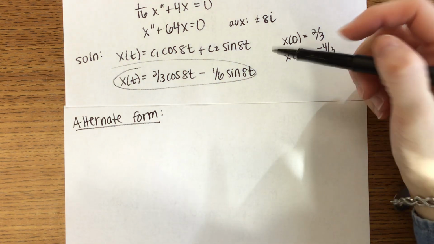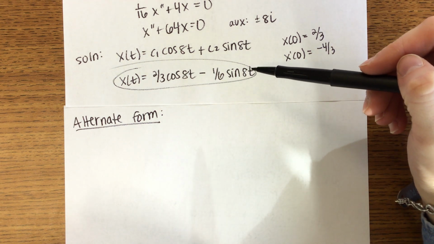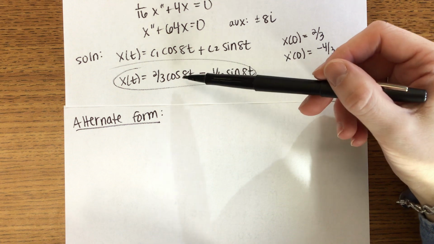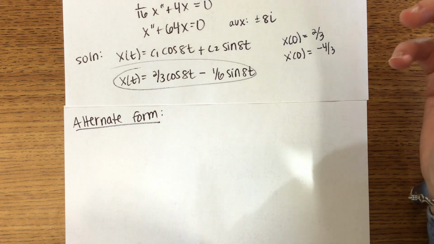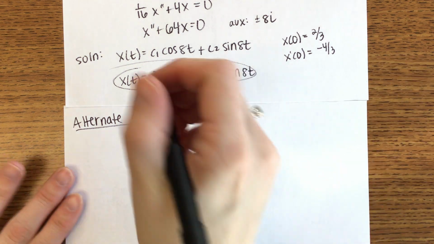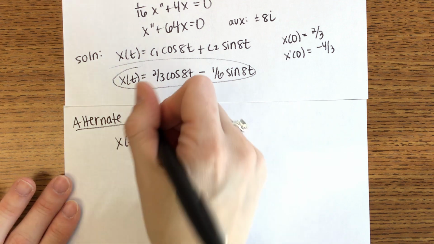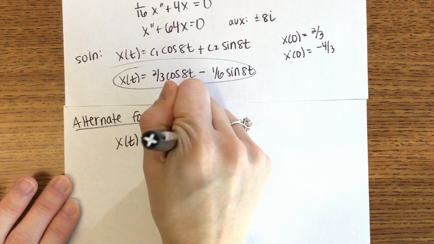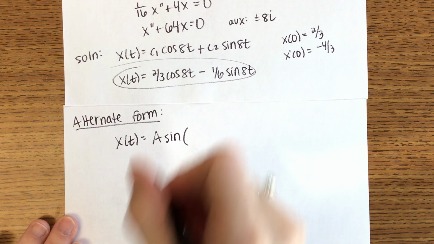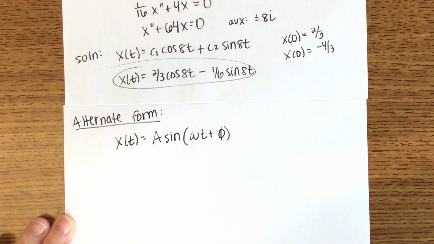So what we can do is take this equation and make it just sine or cosine. I believe in physics, generally everything is in terms of cosine. It's just a single function in terms of cosine. In differential equations, we're going to do sine. So your alternate form, x of t, is equal to A sine of the quantity omega t plus phi.